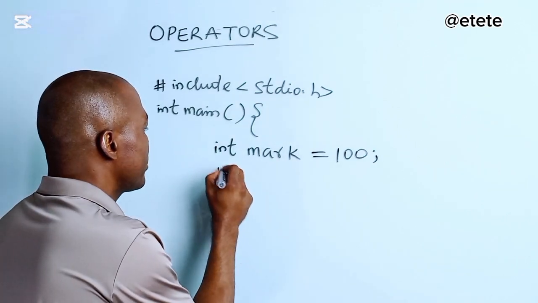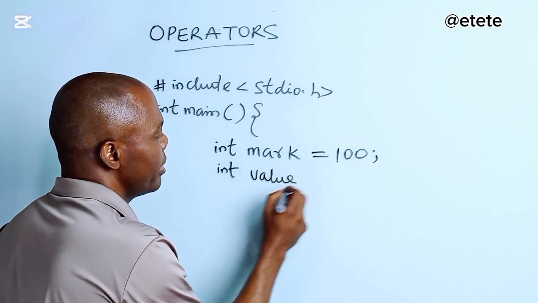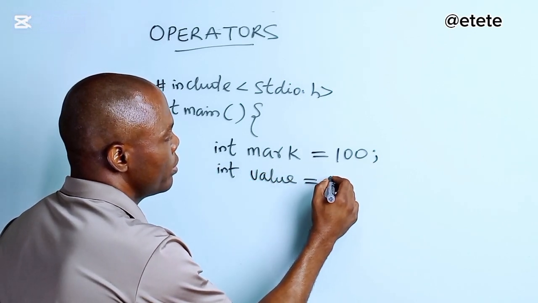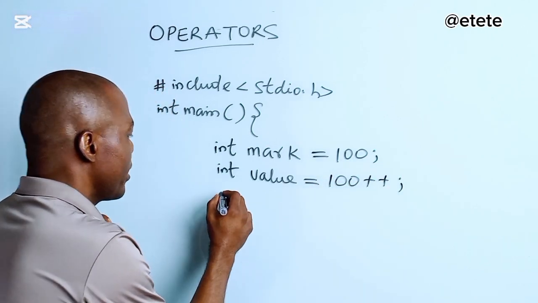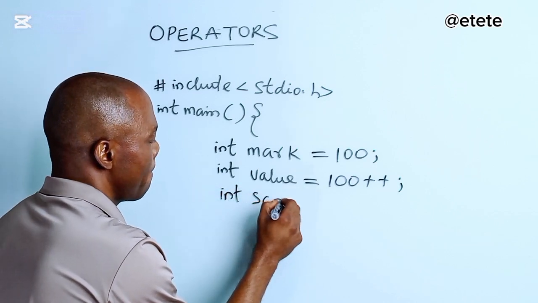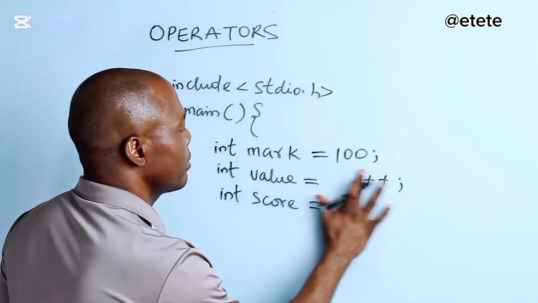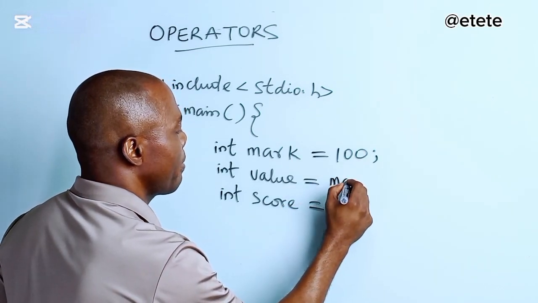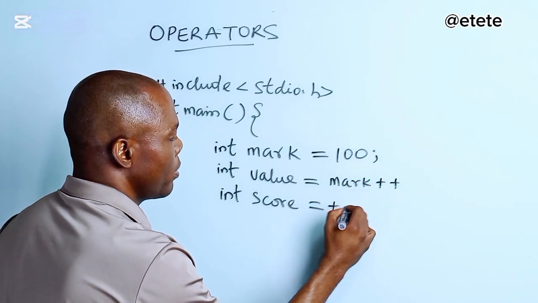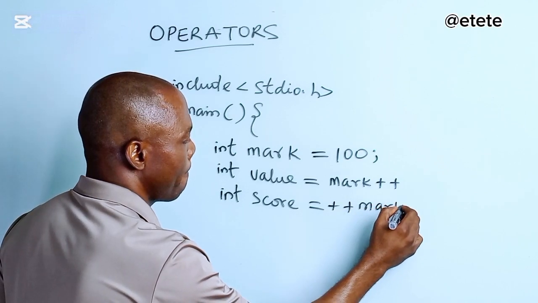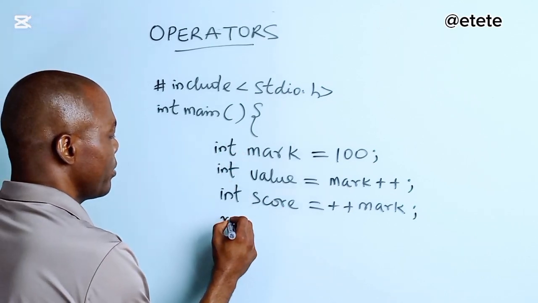Then here I say int value, and I assign mark to it. Then here I say int score, and I say plus plus mark. I close this, and I close this.